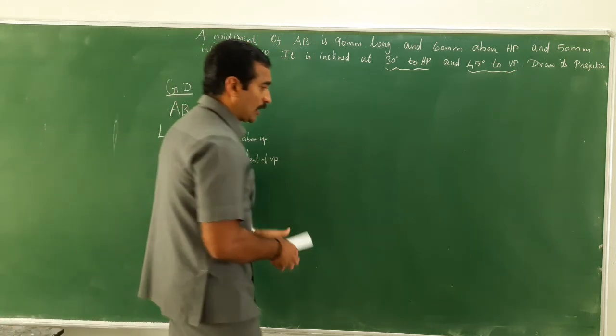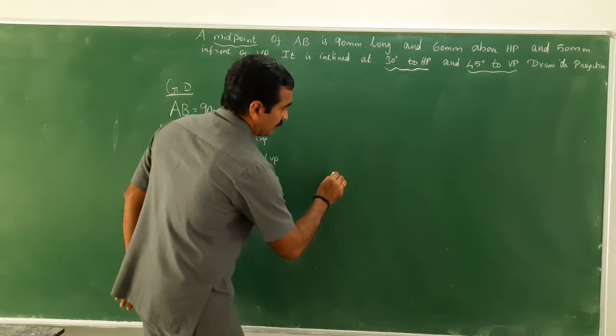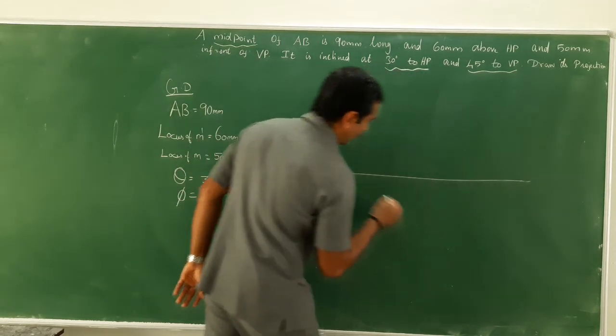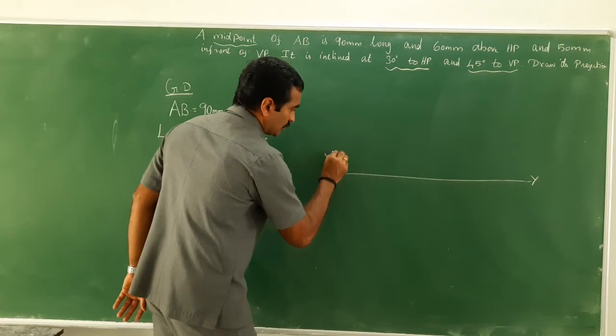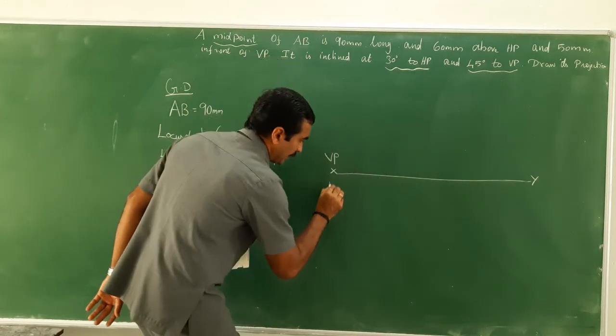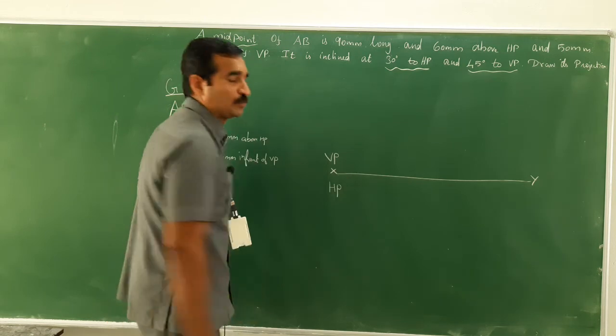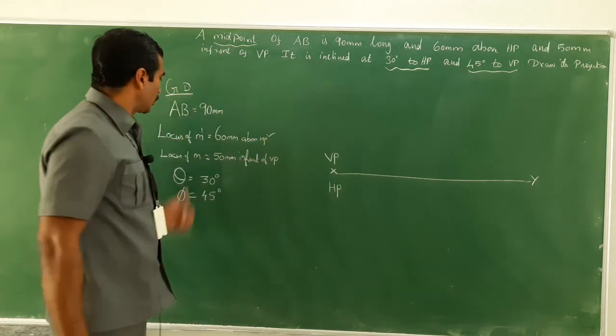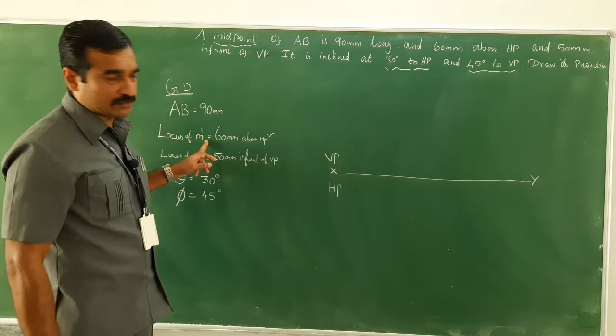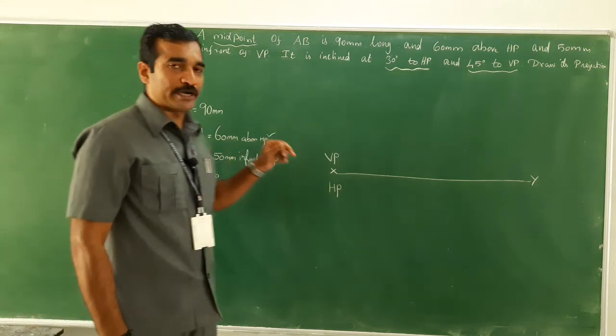First, I need to draw the horizontal line representing the XY, that is the reference line or the ground line. Above reference line it is VP and below reference line is HP. First, take the locus distance, that is M dash, 60 mm above HP.